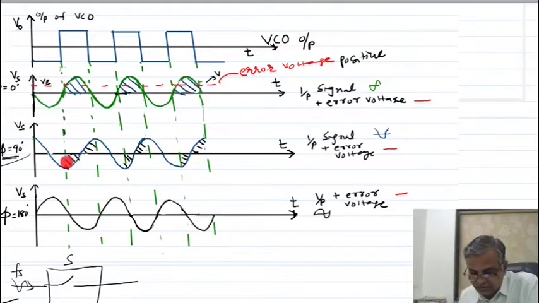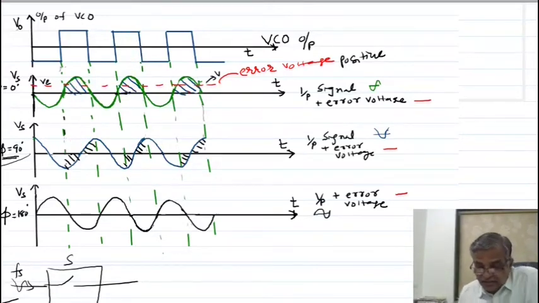This means when there is a 90-degree phase shift between Fs and Fo, only this much portion, which I have shown by dotted or cross line, of the input signal is passed through the switch. Only this much portion will be passed during this positive half of the Fo.